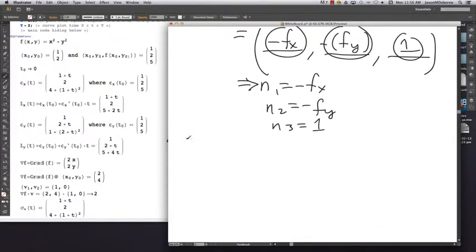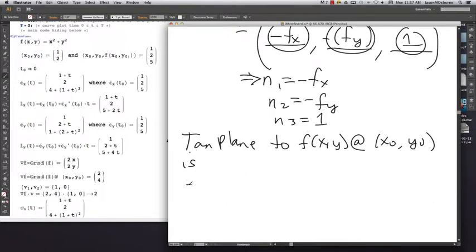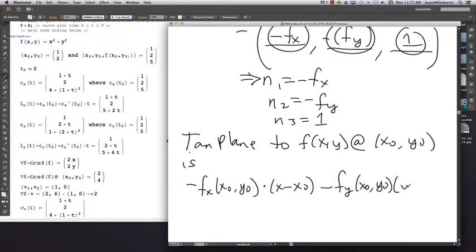So putting these together, this tells us that our tangent plane to the function z equals f of x and y at a point x naught, y naught is of the form: negative f sub x, the partial derivative evaluated at x naught, y naught, there is your n1, multiplied by x minus x naught, minus the n2, f sub y evaluated at x naught, y naught, times y minus y naught, plus 1 times z minus f of x naught, y naught.